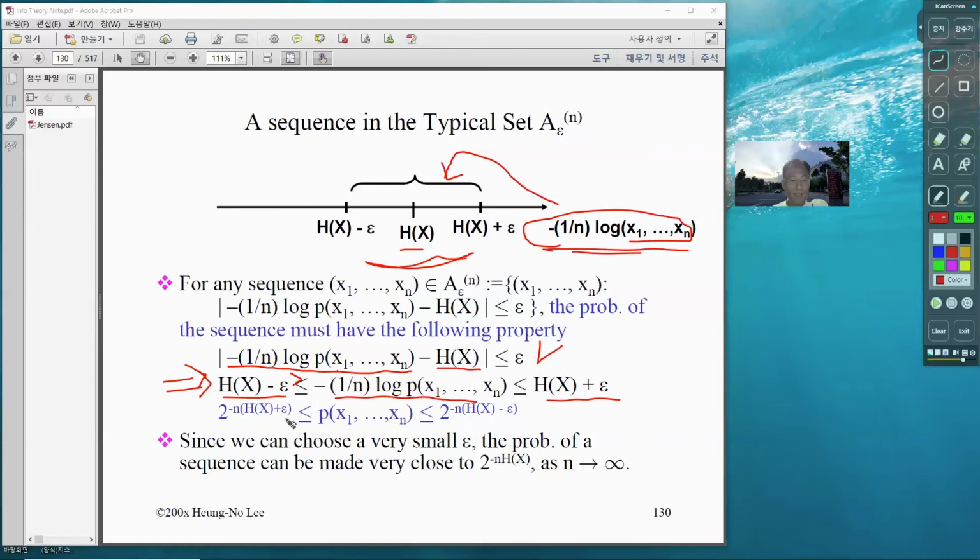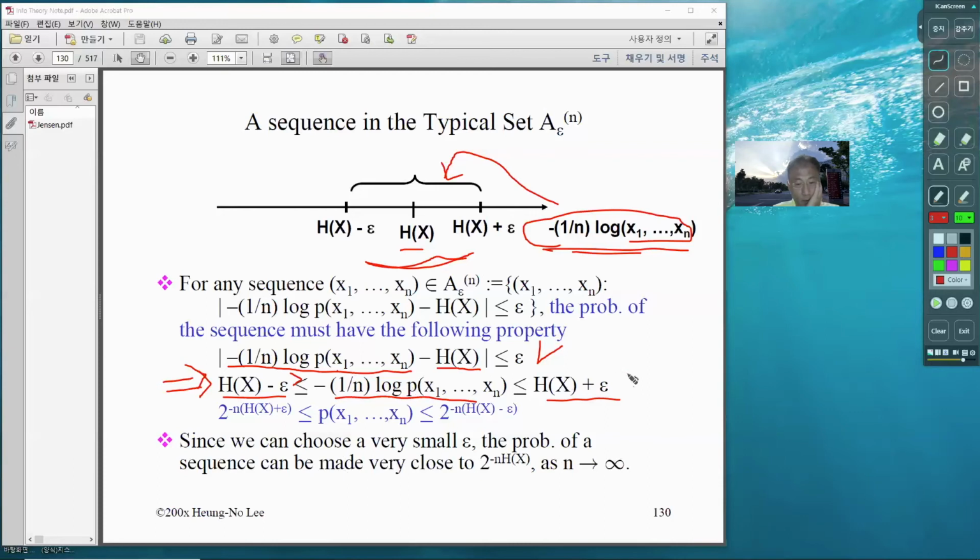And on that inequality, I apply the exponent relation. Maybe I need to write this, and I need to do this a little slowly.